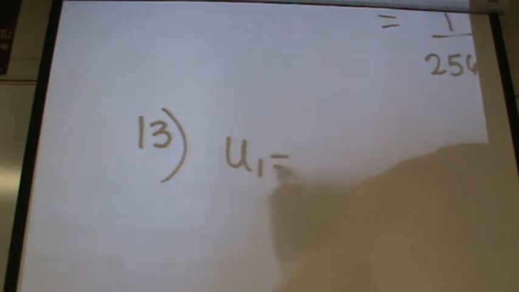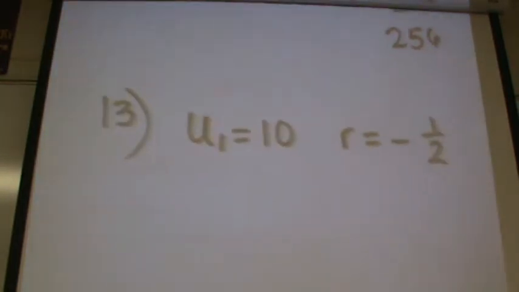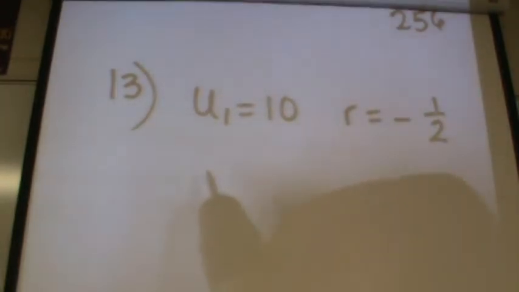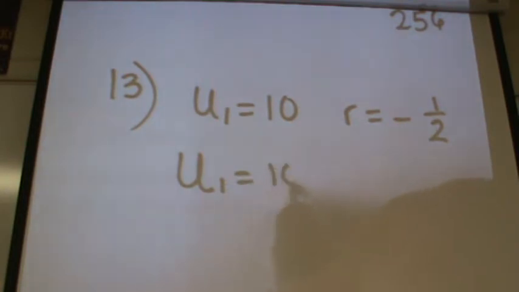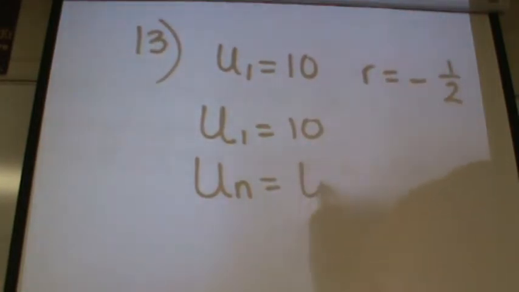Number 13, you are given u sub 1 is 10 and r equals -1/2. The ratio is -1/2. So the recursive formula, you're going to state the first term, which is 10, and to find any term, it's the previous term times the r value, which is -1/2.